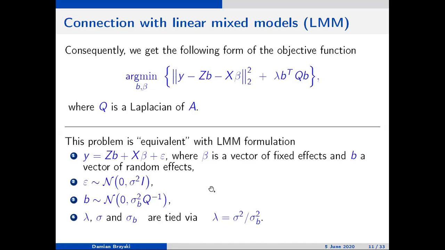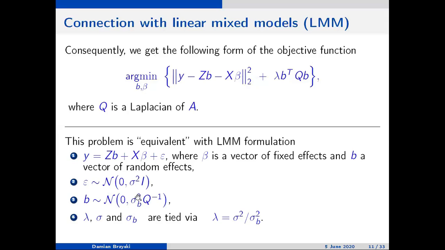When I said equivalence, I mean that when you think about this linear mixed model formulation and you want to find the best unbiased prediction and the best unbiased estimator for B and beta, you will get exactly the optimization problem of this form to find those estimates, where lambda will be given by the ratio sigma square divided by sigma b square.